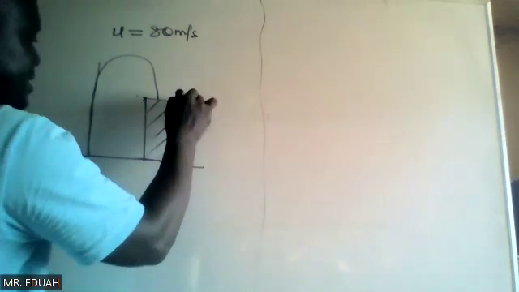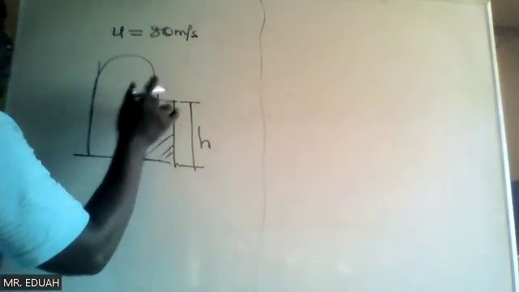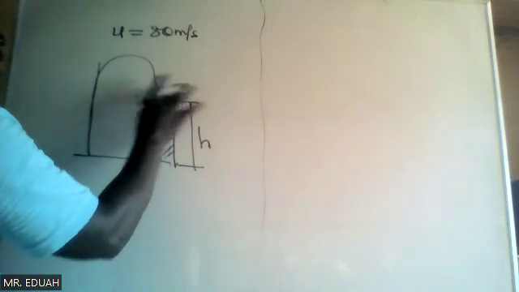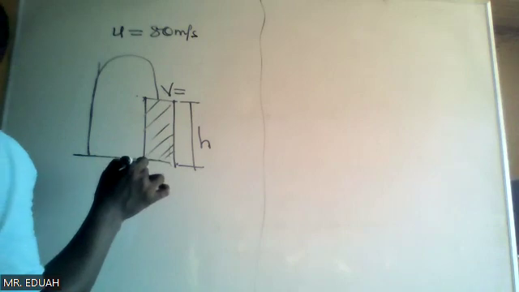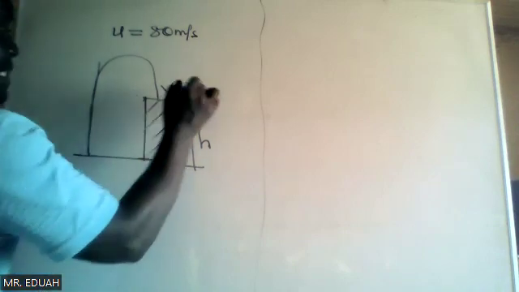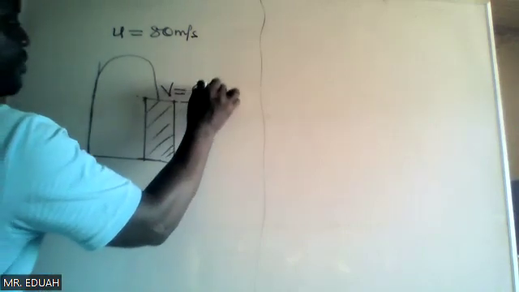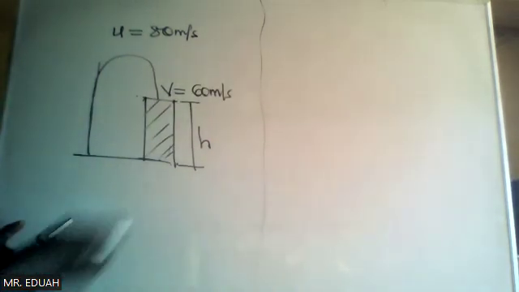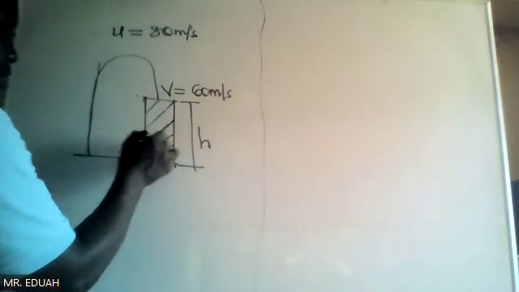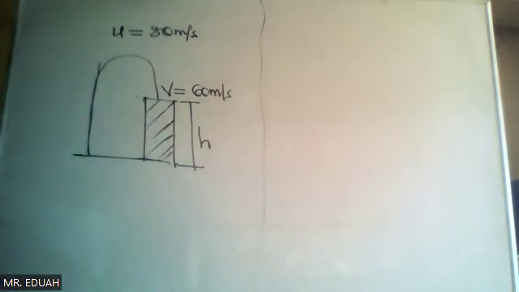And it lands on the building with a velocity of 60 meters per second. Then we are to calculate for h. We are to determine h.